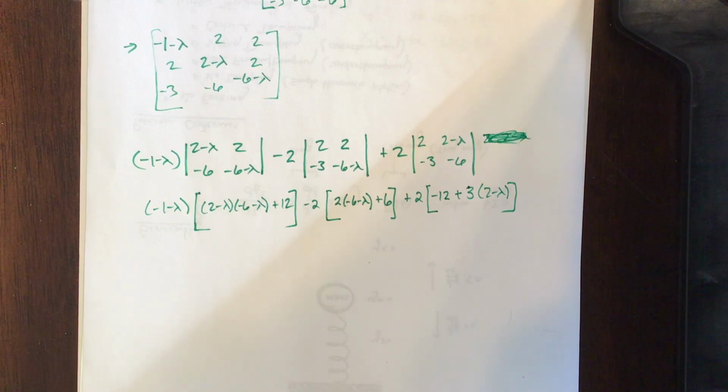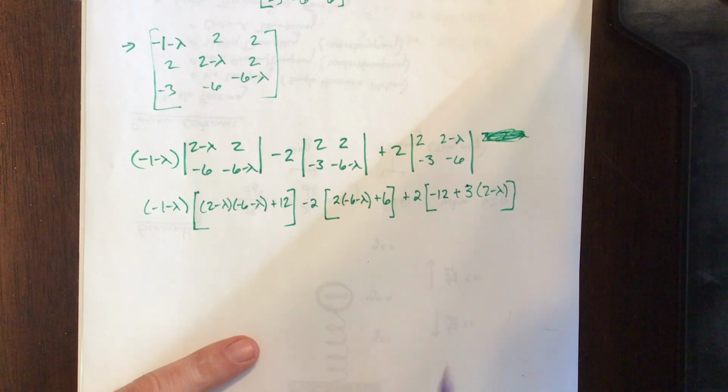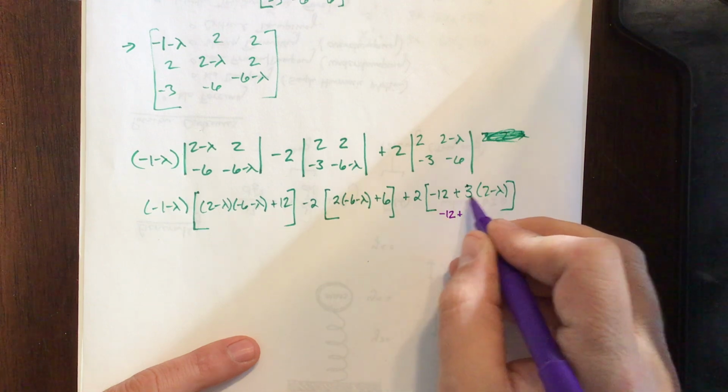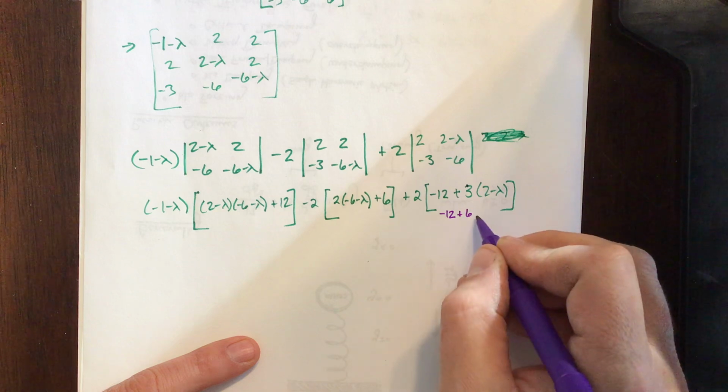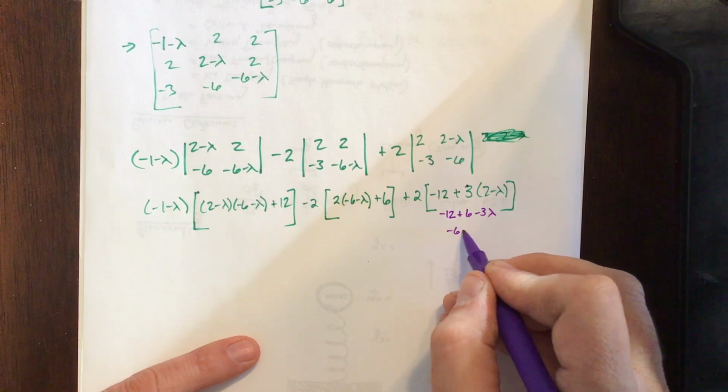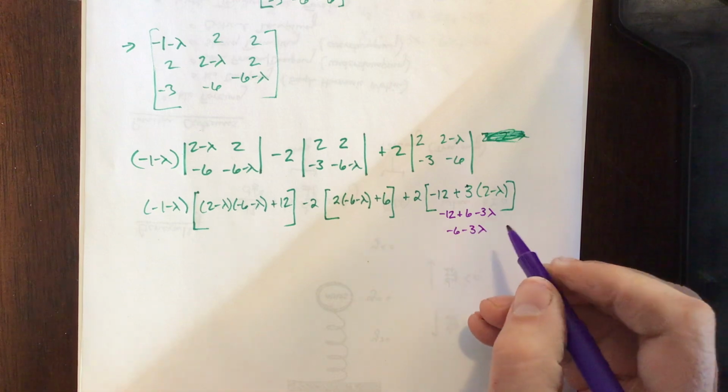Okay, let's simplify everything that's in the parentheses first. This is minus 12 plus 6 minus 3 lambda. So that's minus 6 minus 3 lambda.